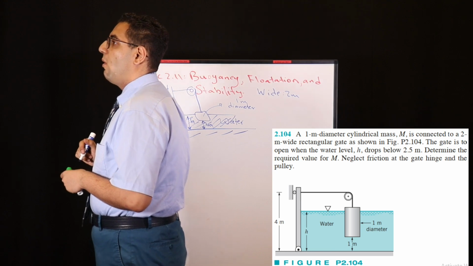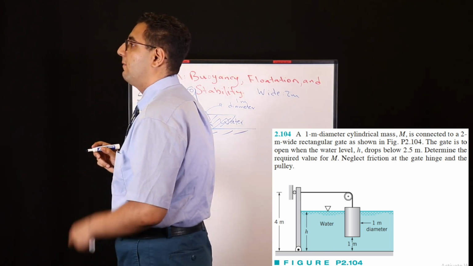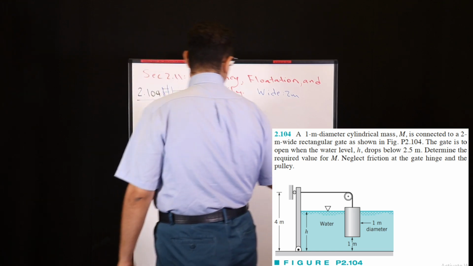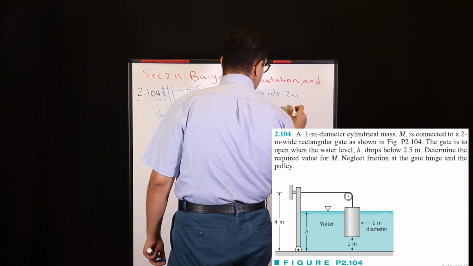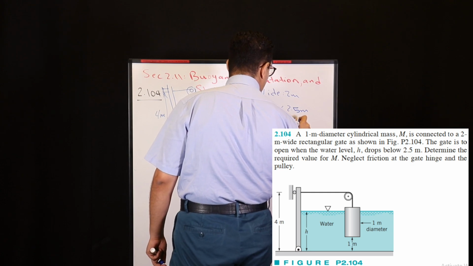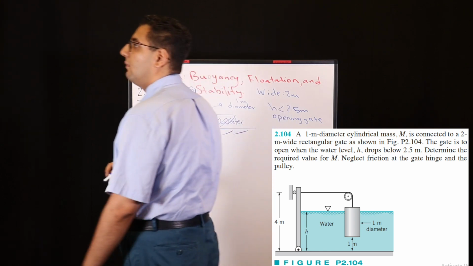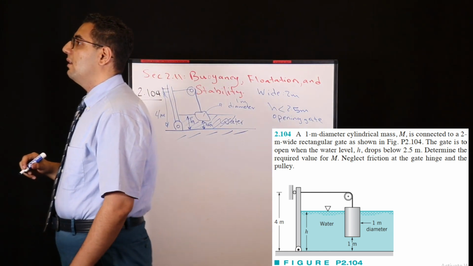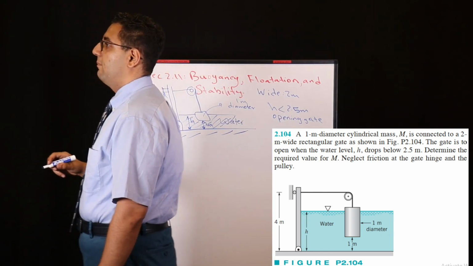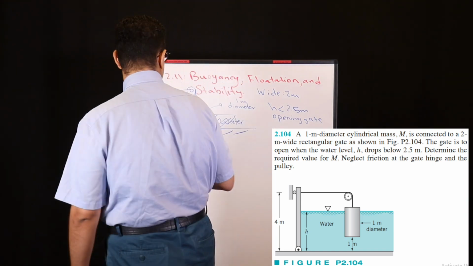The width is 2 meters. The gate is to open when the water level H drops below 2.5 meters. Determine the required value for m. Neglect friction, the gate hinge, and the pulley.